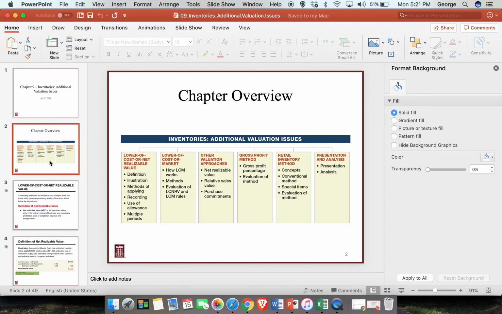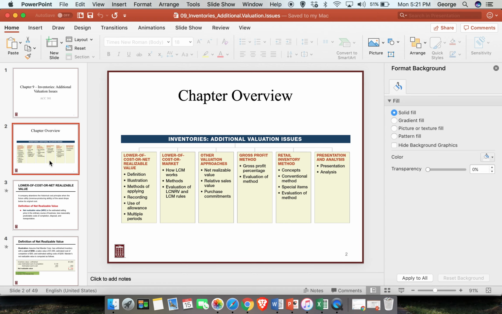Then some other valuation approaches of inventory: net realizable value, relative sales value, and purchase commitments. And then toward the end of the chapter, we're going to look at some inventory estimation methods. One would be the gross profit method, using the gross profit percentage. You probably remember what gross profit is: sales less cost of goods sold.